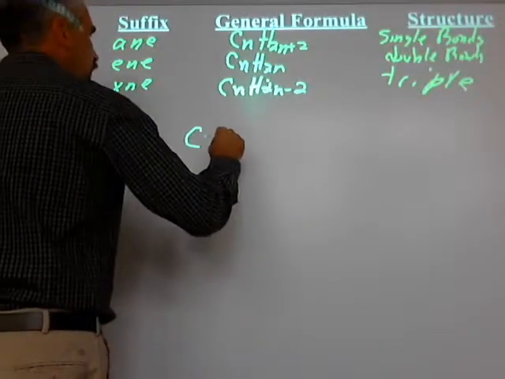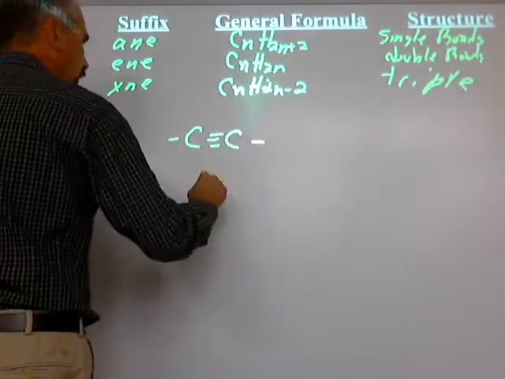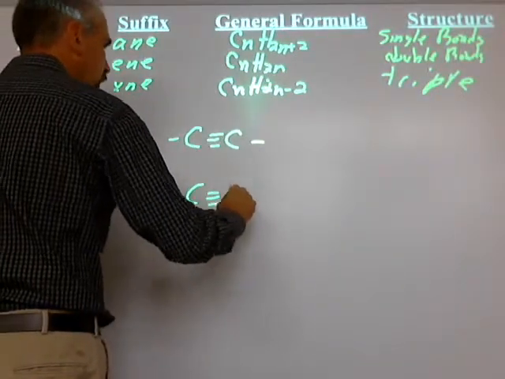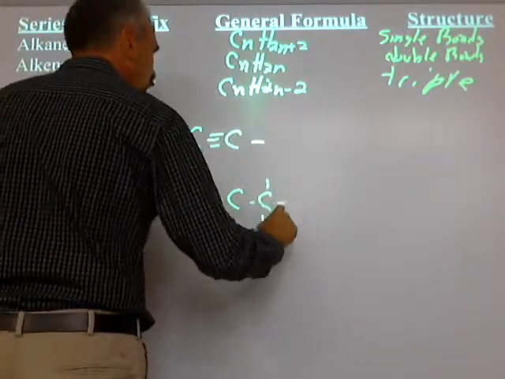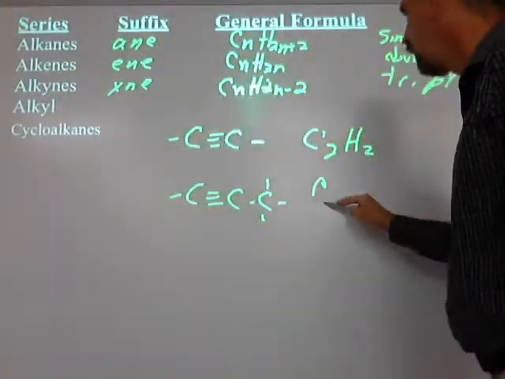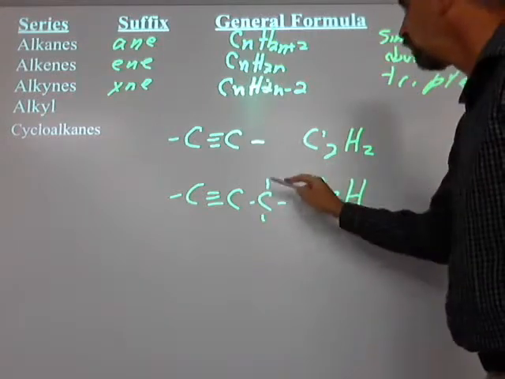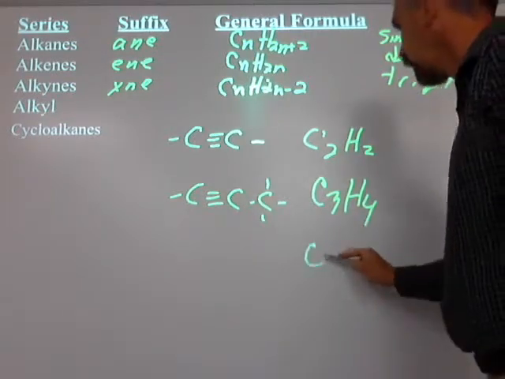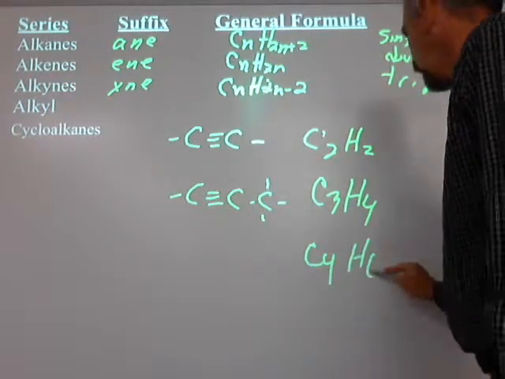All right? Here's the smallest alkyne I can have. Here's the next smallest. This would be C2H2, C3H4, next will be C4H6.